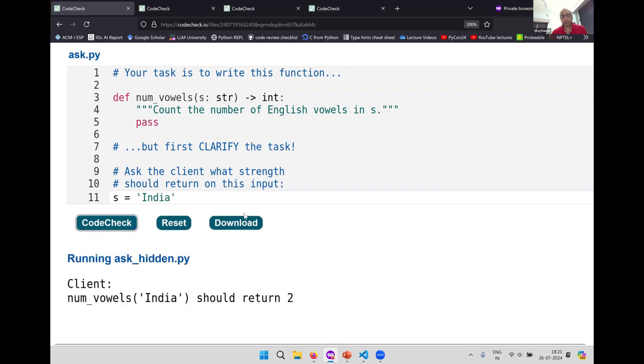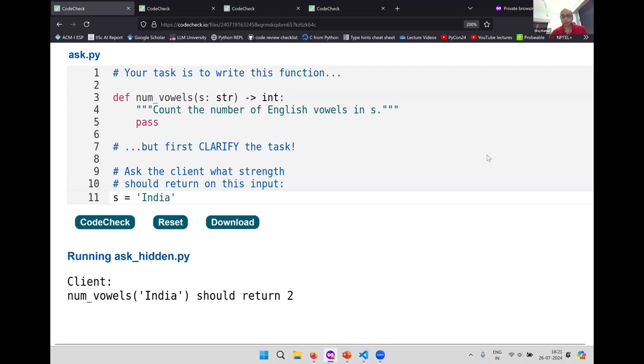Expecting the answer as 3, but in this case, the system responds by saying that I should return 2, right? And this might be surprising to the student, right? I would like the student to turn this surprise into a more detailed problem specification on her or his own.